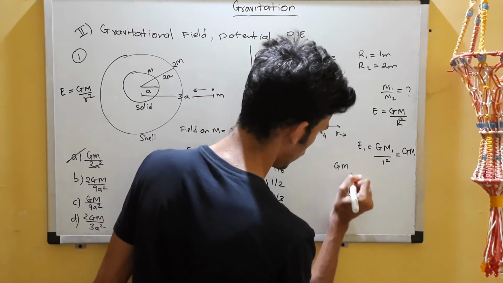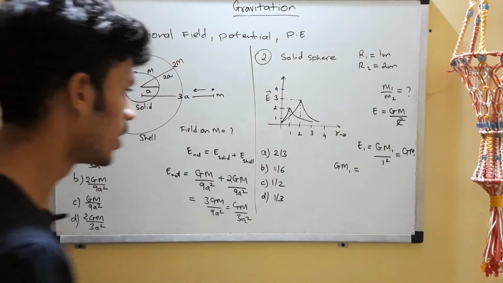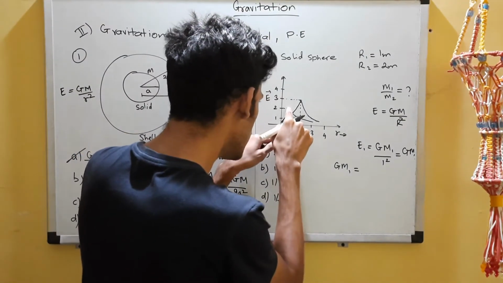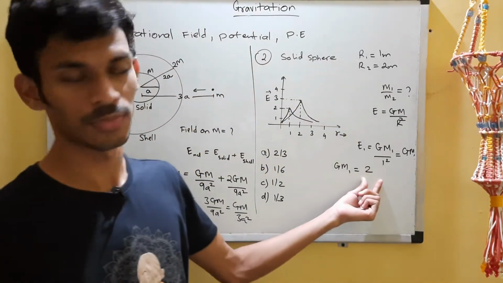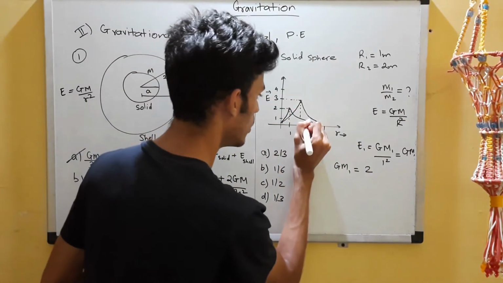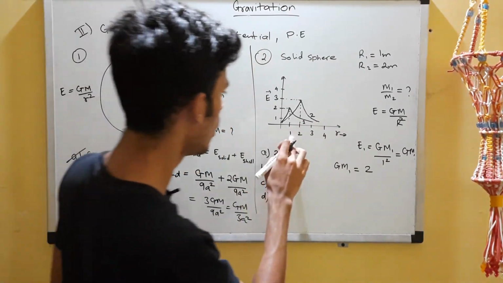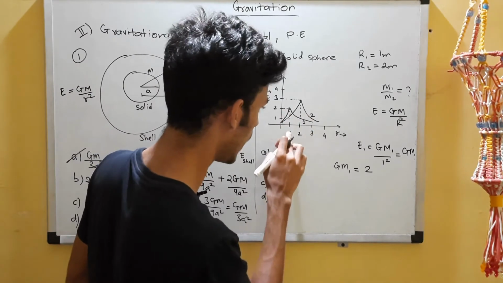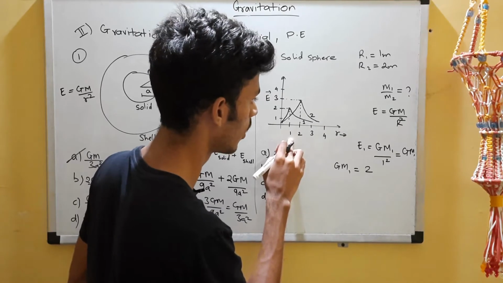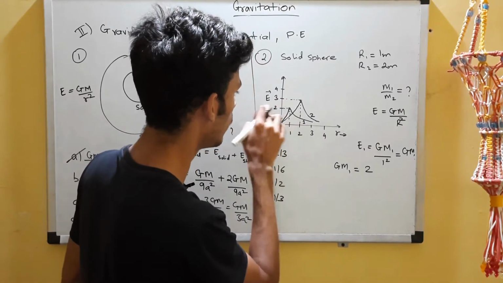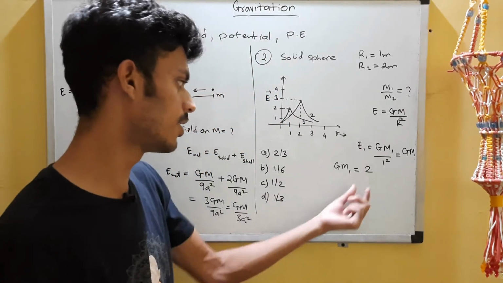So GM1, if you see the value at the surface of solid sphere 1, is 2, whatever that unit is. I forgot to mention that this is for sphere 1, this is for sphere 2, okay? So for sphere 1, the value of the field when the radius is 1 is given as 2, okay? So yes, E1 is 2 over here.